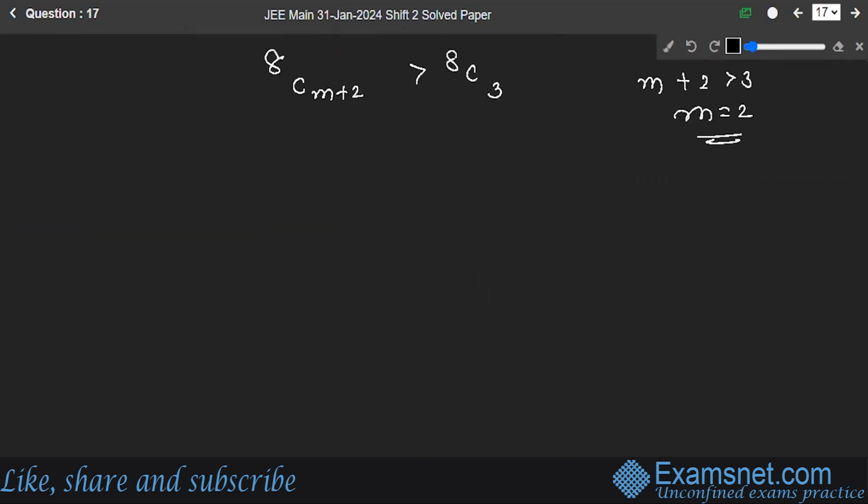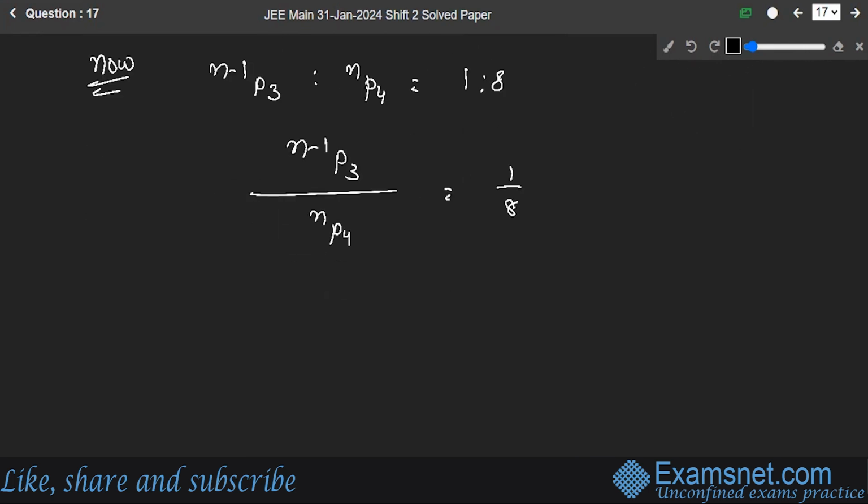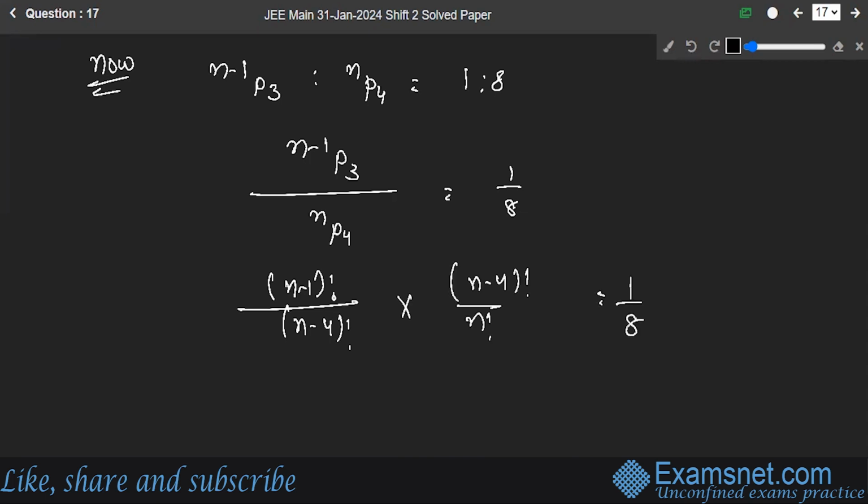Okay, now you're given that the ratio of n minus 1 P3 to n P4 is 1 is to 8. Let's write n minus 1 P3 upon n P4 is equal to 1 upon 8. This gives me (n minus 1)! upon (n minus 4)! multiplied by (n minus 4)! upon n! is equal to 1 by 8.